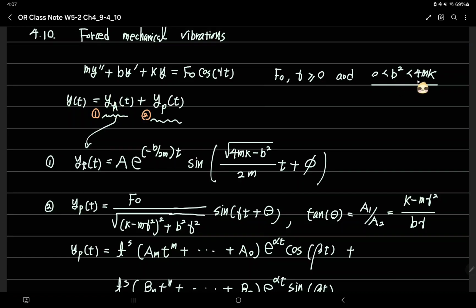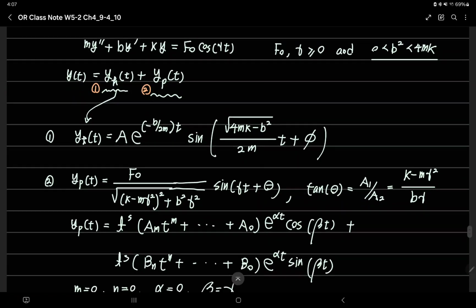Since b squared is less than 4mk, this is the underdamped case, so y sub h must be the exponential term, which is the exponential damping factor, times the sine factor. And to find y sub p, we have to use the method of undetermined coefficients.